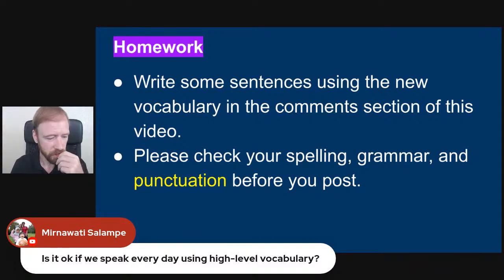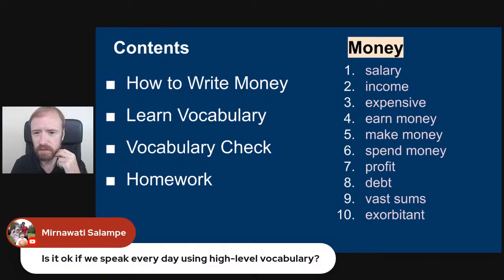Is it okay if we speak every day using high-level vocabulary? Good question. Let's go back to the beginning. Here, let's take a look at our list. Number one, salary. We're going to use that when you're talking to your friend. What's your salary? Income. Expensive. Earn money, make money, spend money. 1 to 6, if you're talking about money, you're going to use that with your friend, your family, or in a formal situation.